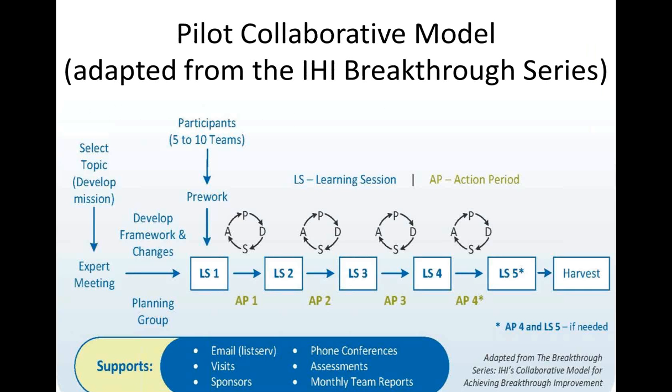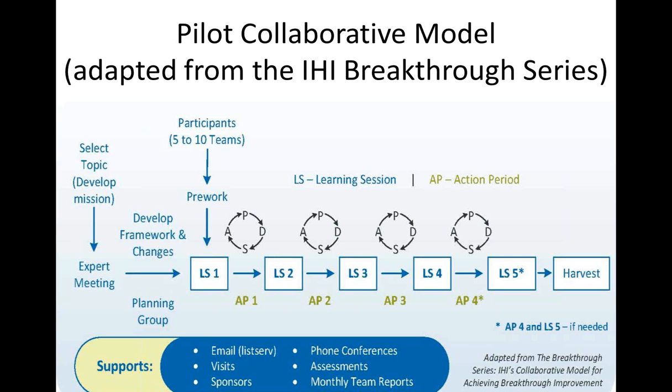So here's a picture of the collaborative model. I'll point out at the top here you'll see the reference to pilot. So when you first start a collaborative methodology like this, it's wise to start small before a multitude of teams join it. In our particular case, we work with, at least initially, a team volume of about 5 to 10.